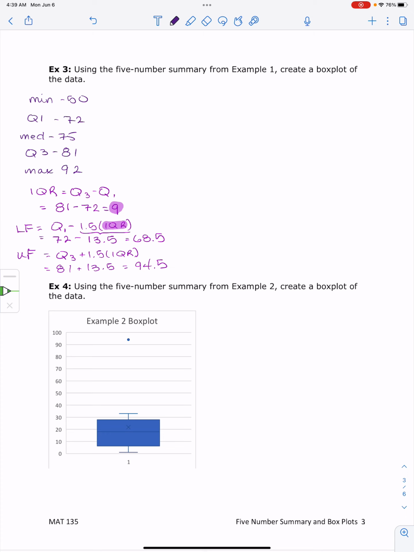I want to start by creating a number line that is evenly spaced. I am not just going to list my 5-number summary evenly spread out because these numbers are not evenly spread out. So I'm going to start here with 50, 60, and if I'm handwriting it, I'm going to do my best to evenly space these.